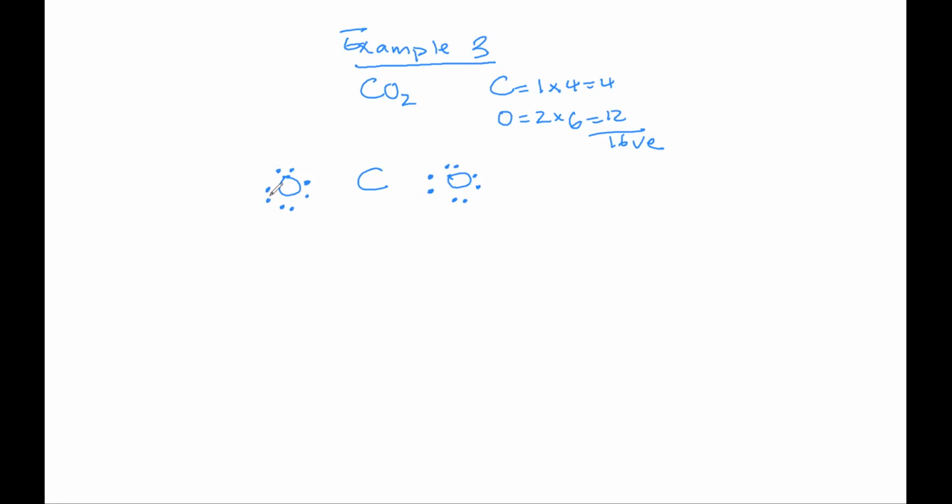Now, we run out of electrons. There's nothing to put on the central atom. The central atom, if it shares with this, and shares with this, doesn't have 8. So we have to use the electrons in the terminal oxygens to make it octet, and this will result in double bonds.